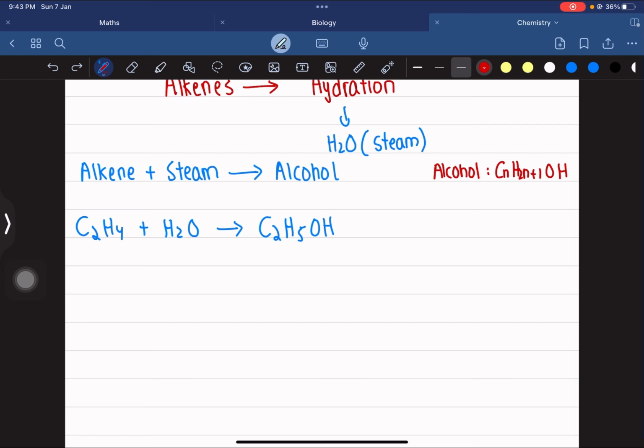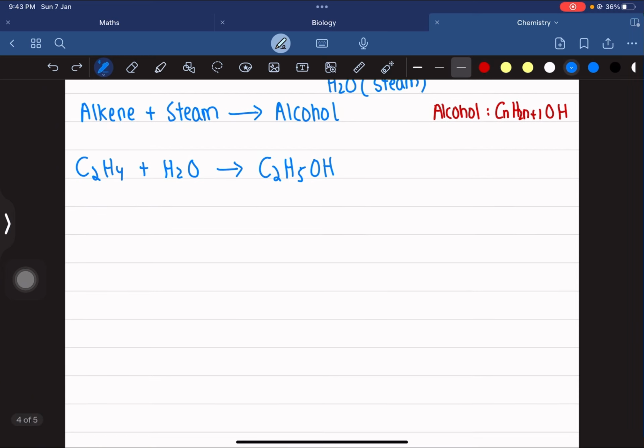Now let's take another example. I'll take C3H6, which is propene. When propene reacts with steam, it will give me propanol. And what's the formula for propanol? I'll put 3 in place of n, so I get C3, and twice 3 is 6, 6 plus 1 is 7, so C3H7OH.